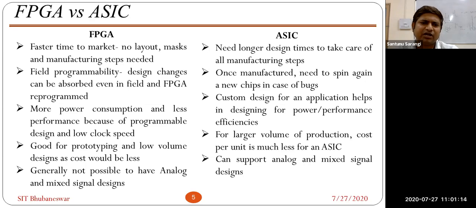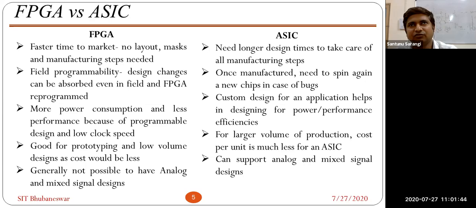Next is field programmability, meaning design changes can be made even in the field in an FPGA. We can program it for different applications. But in ASIC we can't program. Once you manufacture, if the chip does not work or you get a single bug, you have to do it from scratch again.